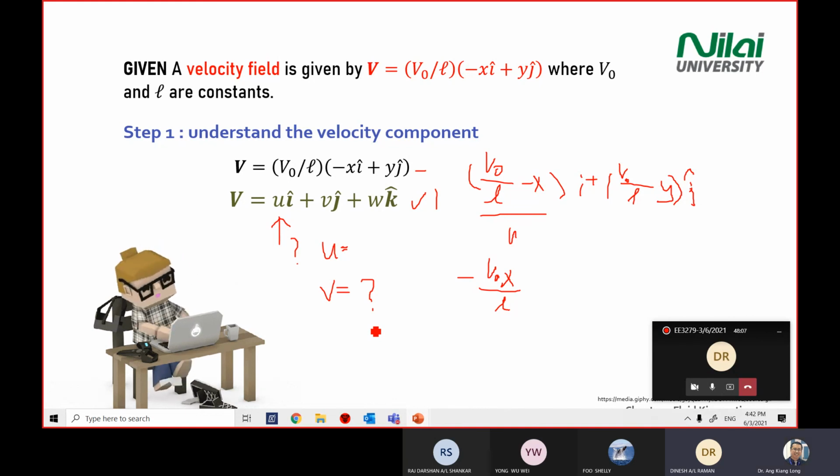Surely you know the answer, right? You don't need to tell me, but do you understand the v value? Yes. Okay, right. You don't need to tell the answer. Okay, then Dinesh, what is the v value?